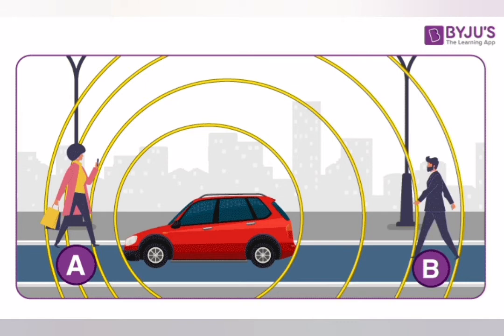This is because as the vehicle comes towards you, the sound waves are actually compressed, increasing their frequency. But as it passes you, the sound waves become stretched, giving them a lower frequency, so the tone drops. Well, light acts in exactly the same way.